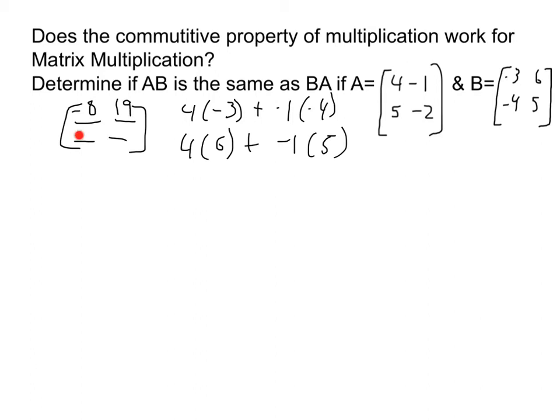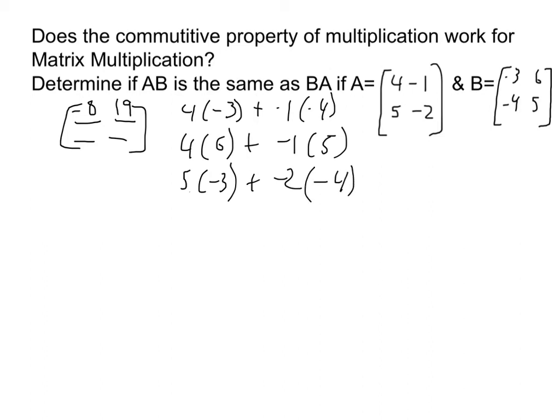Okay, this is second row, first column, so second row times the first column. That's 5 times negative 3 plus negative 2 times negative 4.